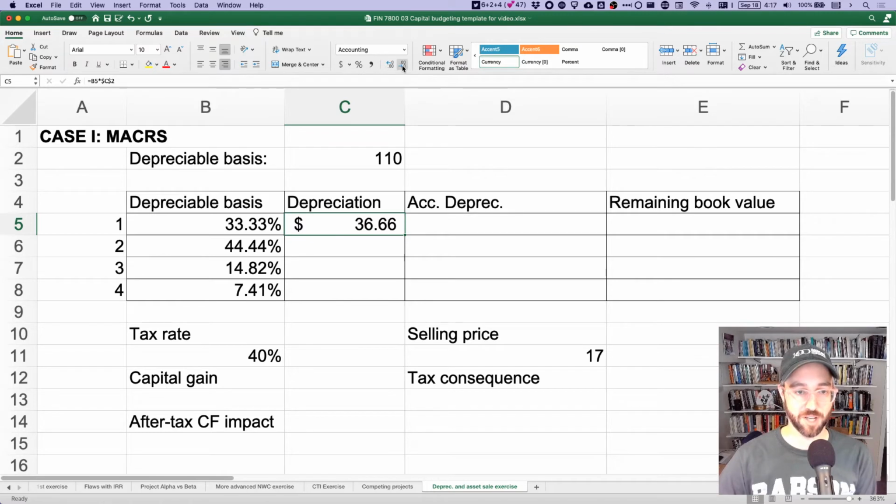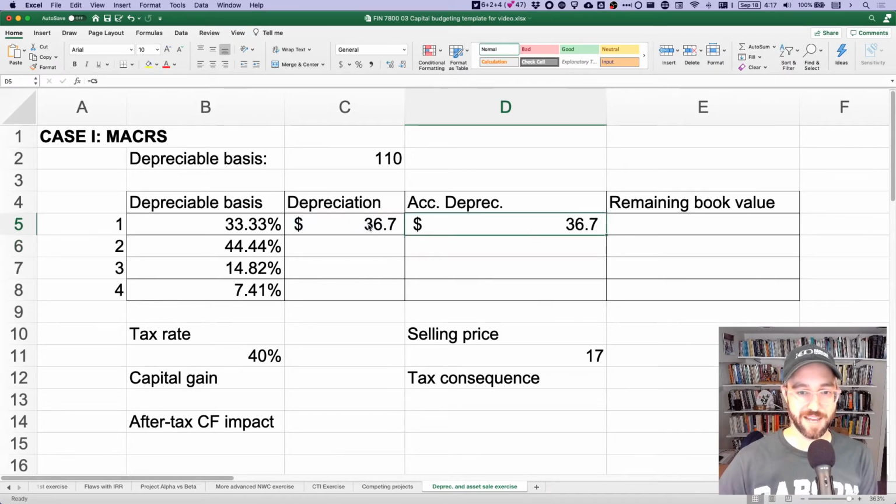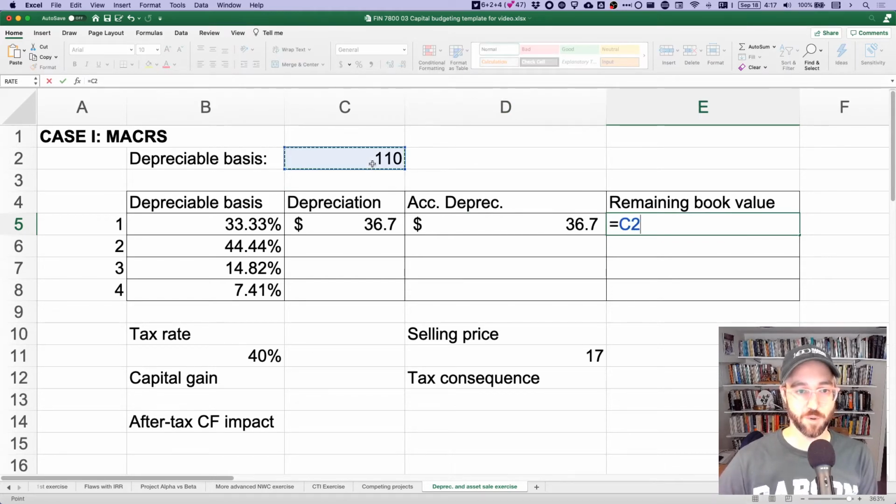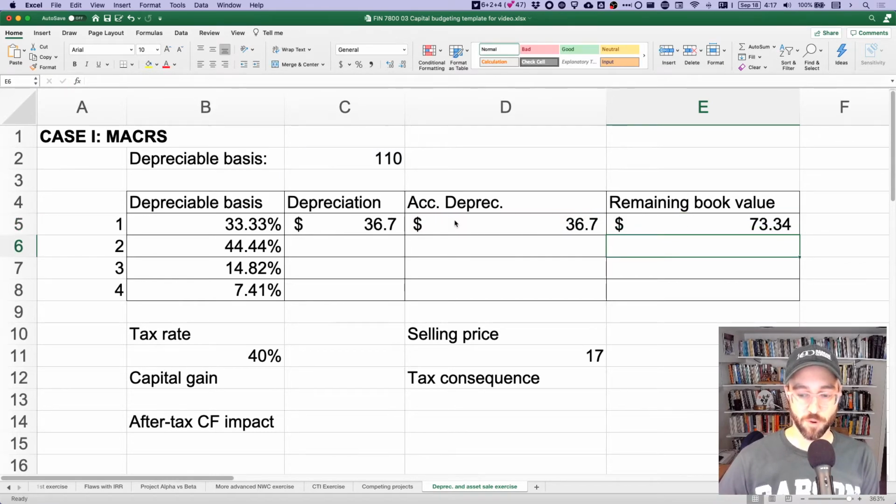So approximately $36,660 of depreciation is going to be incurred in year 1, which means that the total amount of depreciation accumulated since the asset was purchased is going to be equal to that $36.7 thousand. And how much is the book value on the asset going to be now? It's going to be the $110,000 that it was initially listed on the books at, minus the 36.7 in total accumulated depreciation, or $73.34 thousand left on the firm's books.